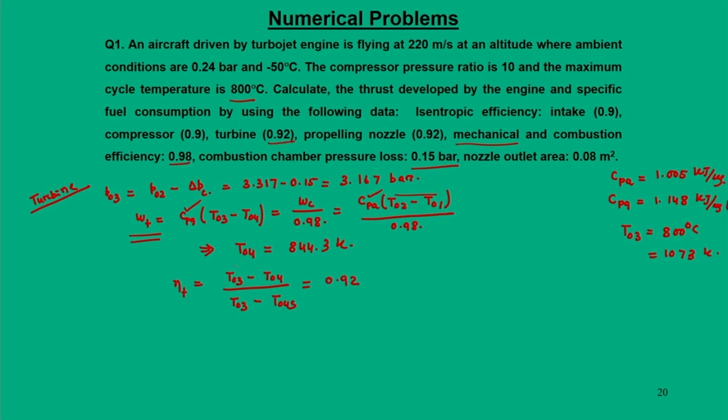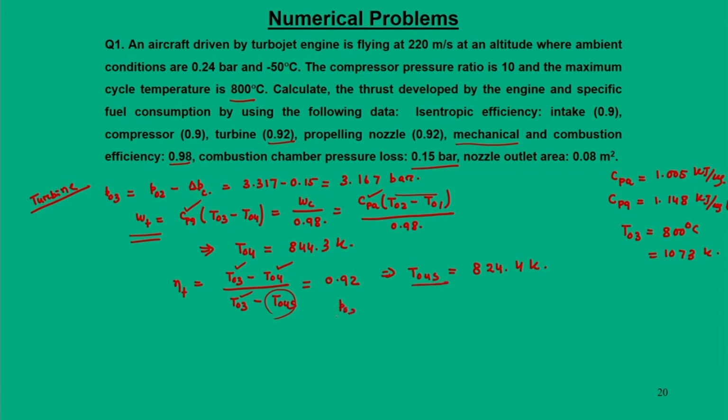From this equation we know T03, we know T04, and we require T04s. So this will give you T04s as 824.4 Kelvin. So we get the isentropic temperature expansion in the turbine.